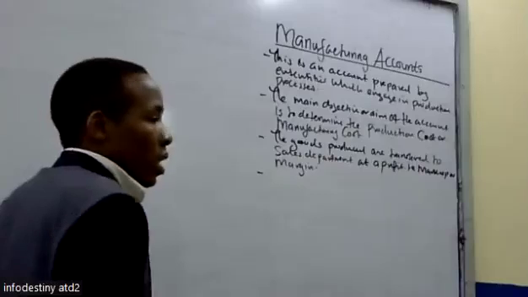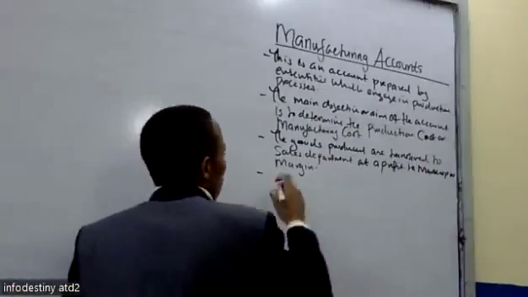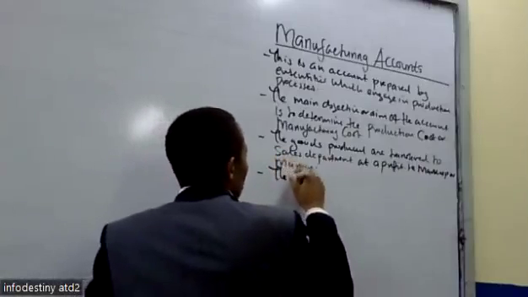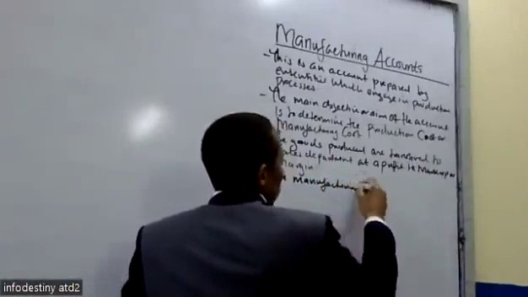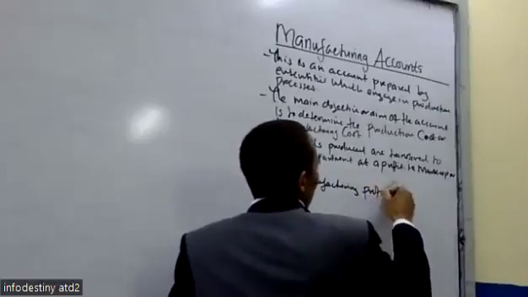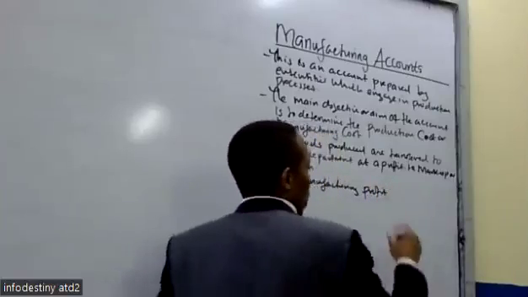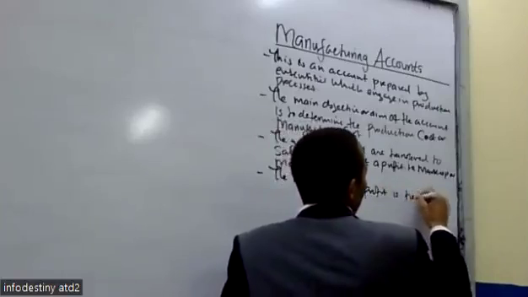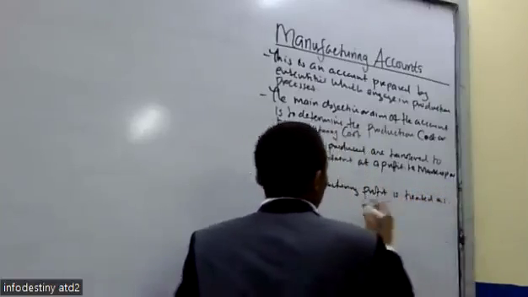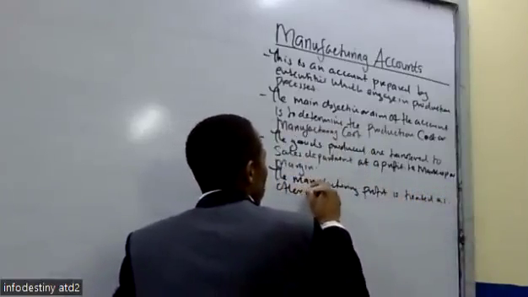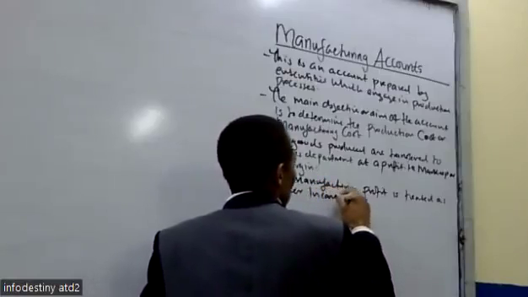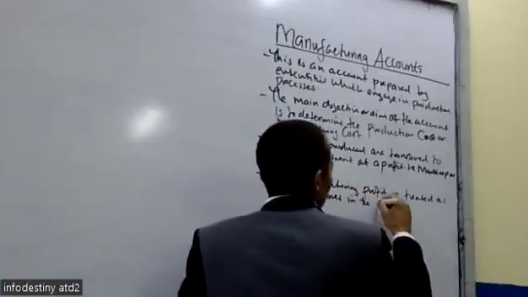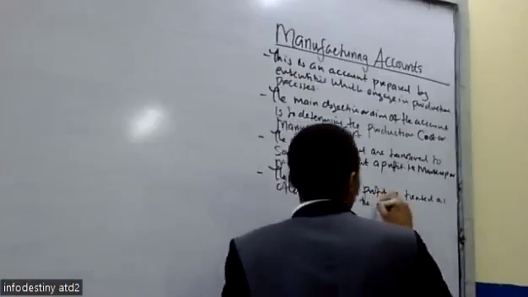Then you write and say that the manufacturing profit is treated as other incomes in the statement of profit or loss.